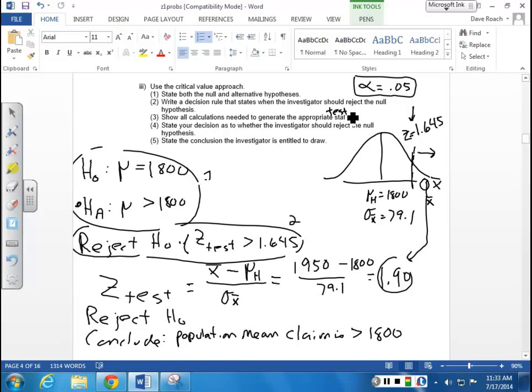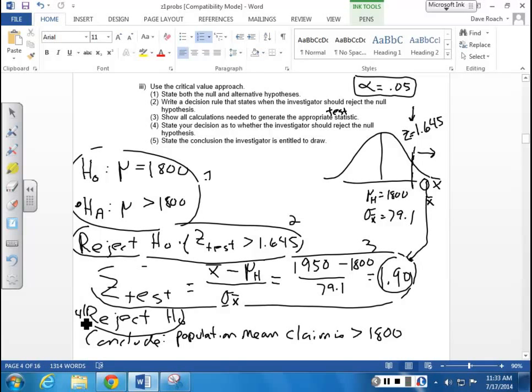And the z-test is the test statistic. So that's part three, just showing all the calculations. State your decision as to whether or not you should reject the null hypothesis. That's here, reject H0, that's step 4. State the conclusion the investigator is entitled to draw. The population mean claim is greater than 1,800.